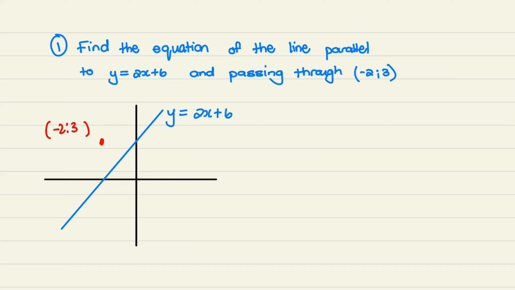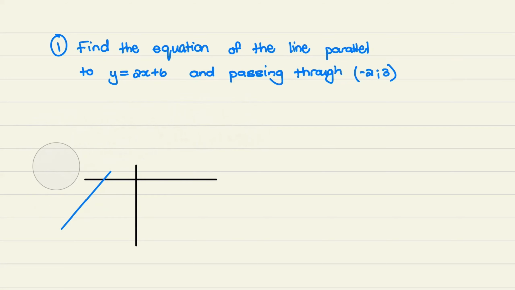What that question is asking for is a line that is parallel to the line y = 2x + 6, and that parallel line is passing through the point (-2, 3). So we want to find the equation of this line, and we are going to do it without drawing any diagrams.